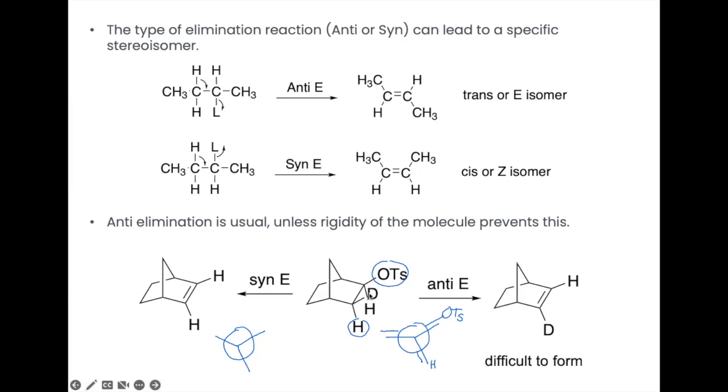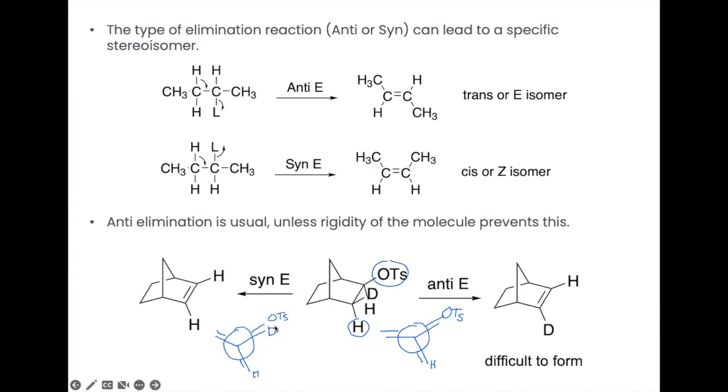Okay. So you have deuterium here, right? Then hydrogen. And then this is carbon. Then you have something like this. This is your tosylate.